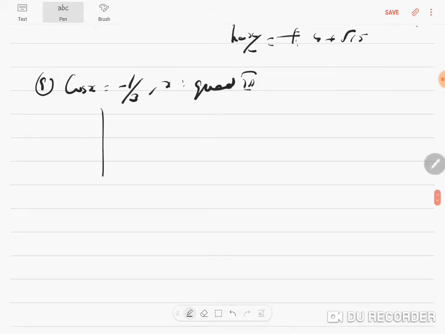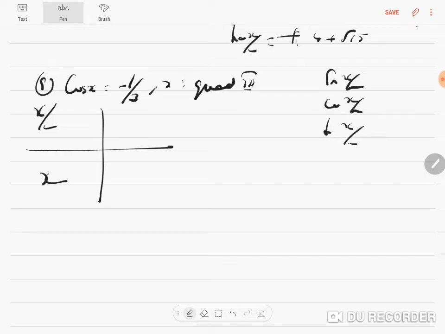So just draw quadrant 3. x is in quadrant 3, and we have to find sin x by 2, cos x by 2 and tan x by 2. x by 2 obviously will be in the second quadrant. This is third and this is second, all school torture children. Thus you know that the given quadrant is the third quadrant where x is lying, where only tan is positive. They have given cos, the cos is negative, which is perfect.